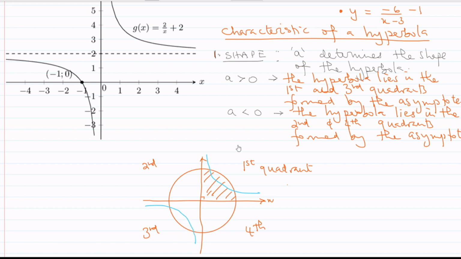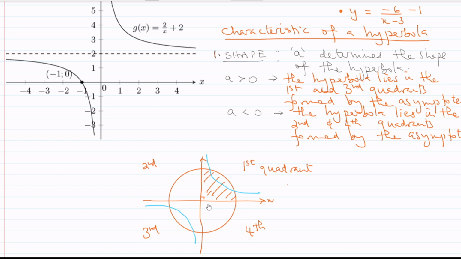So we are saying that when our A is positive, we have this layout of the hyperbola. Our hyperbola lies in the first quadrant and third quadrant. So that determines that.